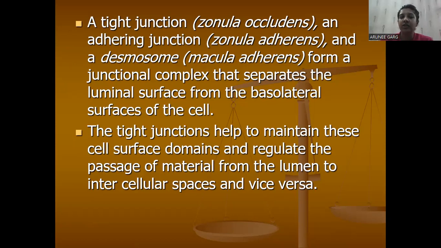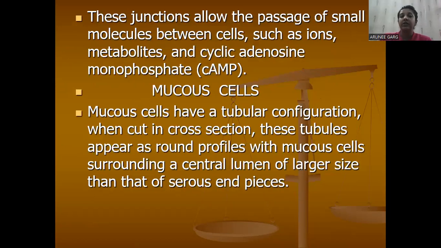The tight junctions help to maintain these cell surface domains and regulate the passage of material from the lumen to the intercellular space and vice versa. These junctions allow the passage of small molecules between cells such as ions, metabolites, and cyclic AMP.